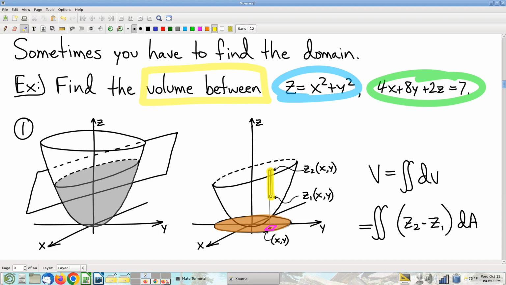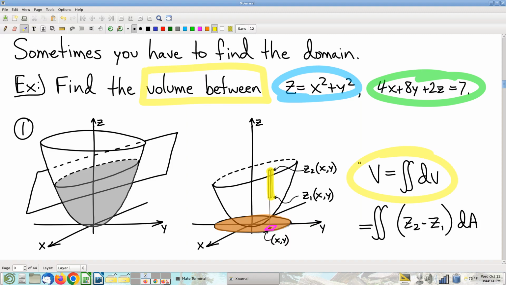And if I've got a little piece of area and a corresponding piece of volume, the grand total volume is going to be the sum of the volumes of these little French fries. All those French fries together form the total volume. So, grand total volume, sum of the French fries.